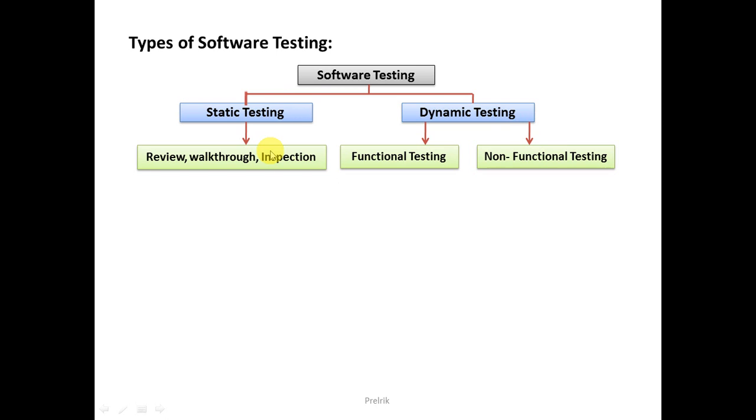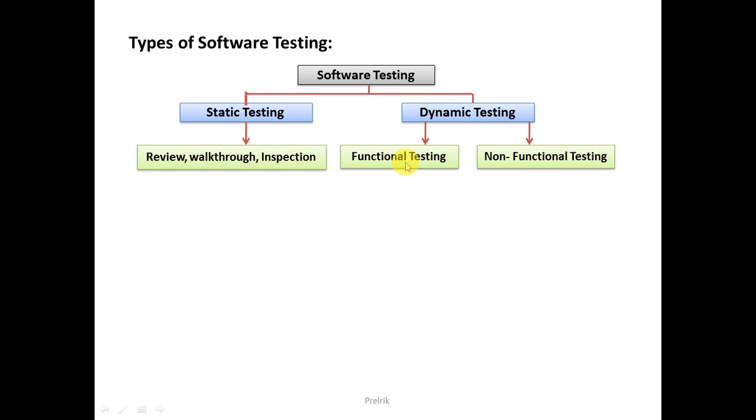And if you come to dynamic testing, then it is again categorized into functional testing and non-functional testing. So what are those? Functional testing is something like checking the mentioned behavior or the mentioned requirements, and whether the SRS, the software requirement specification, is delivered and it's working fine.